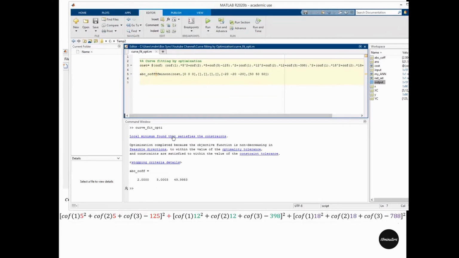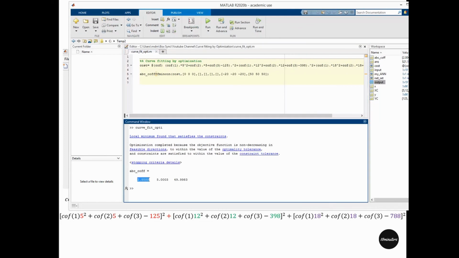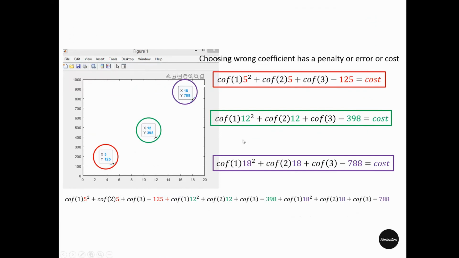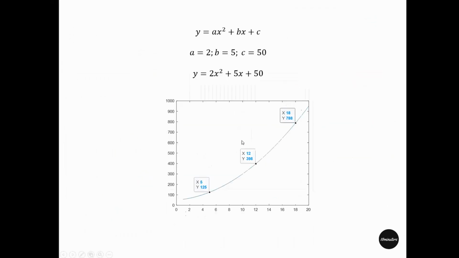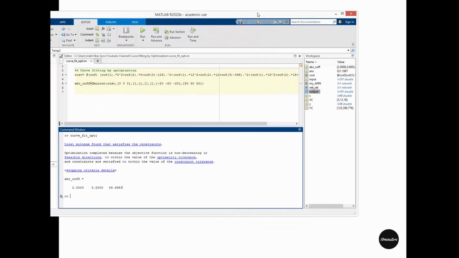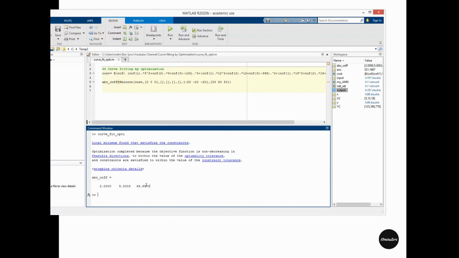And it was very quick. It gives cof values of A equal to 2, B equal to almost 5, and C equal to almost 50. So 2, 5, 50. And initially when we started, yes, our coefficient values were 2, 5 and 50.